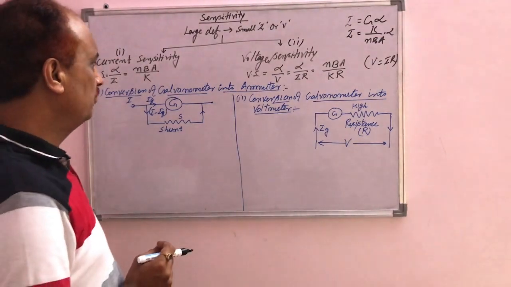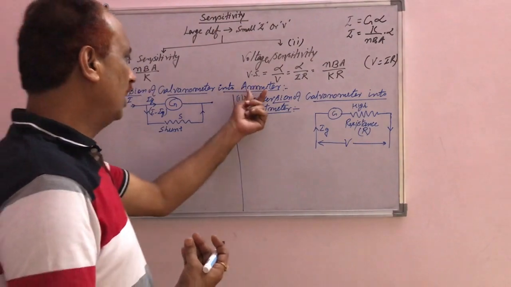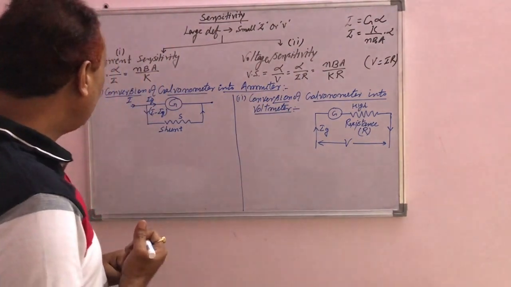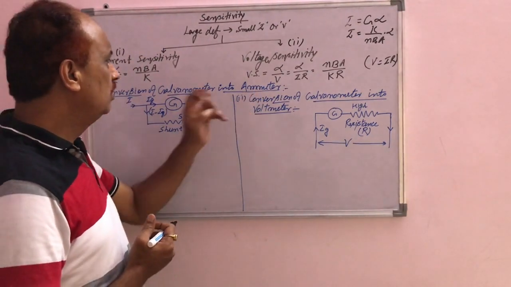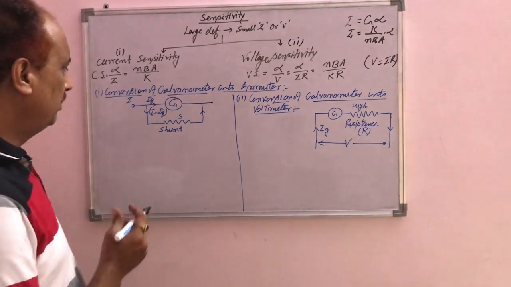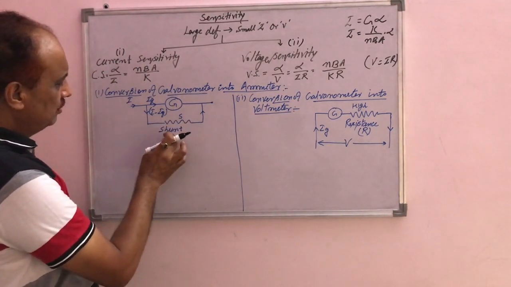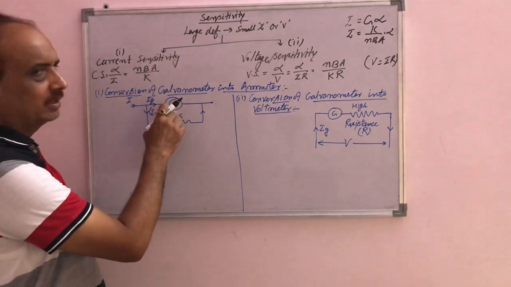Now the next important topic is how we can use the galvanometer as an ammeter or as a voltmeter. These are the two situations. First is when we convert the galvanometer into an ammeter. The main point is we have to connect a shunt, meaning a low resistance wire, parallel to the coil of the galvanometer.